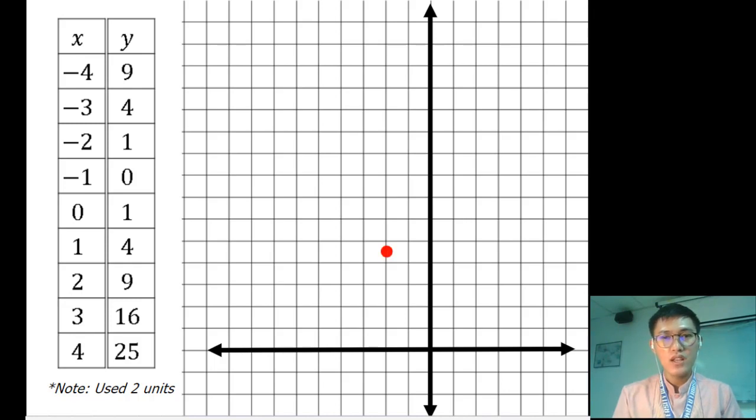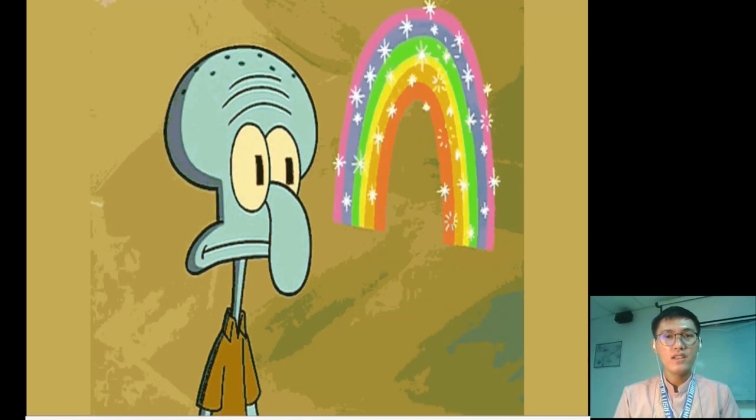Okay, so let's start with -4 and 9, -3 and 4, -2 and 1, -1 and 0, then 0, 1, 1, 4, 2, 9, 3, 16, and 4, 25. And if we connect this, we will be forming a parabola that opens upward, right?